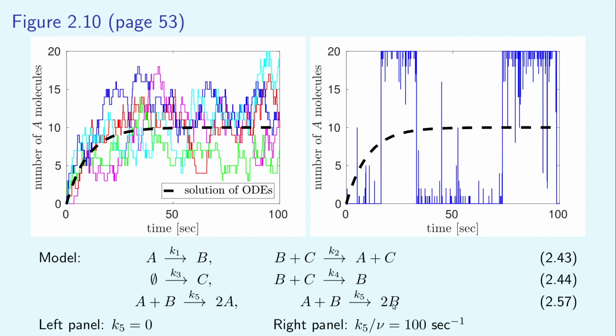Either A is equal to 0 and B is equal to 20, or A is equal to 20 and B is equal to 0. Otherwise, these two reactions can occur. If we increase the value of K5, then the system dynamics will quickly leave any state of the system except the state when A is equal to 0 or 20.